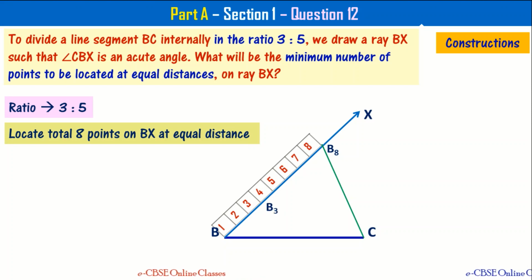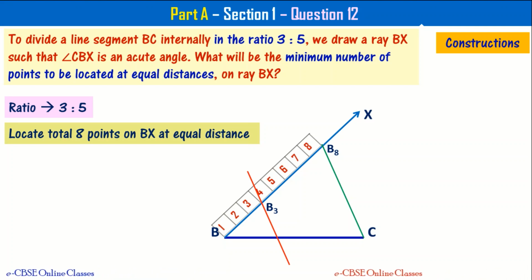And now mark B3. I am drawing a line parallel to CB8, that is in green, that passes through point B3, that is shown using red color. This line is intersecting line BC to divide the line segment BC internally in the ratio 3:5.